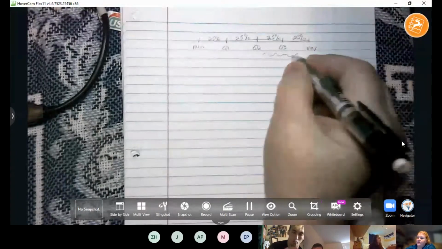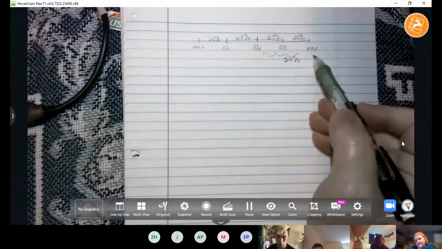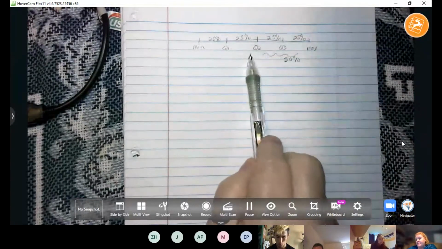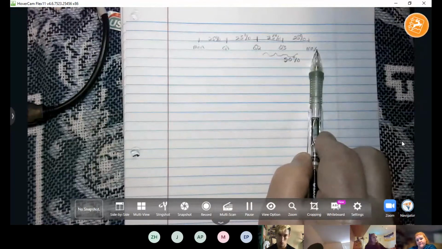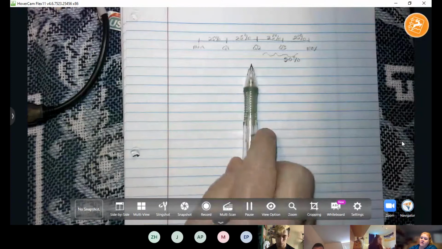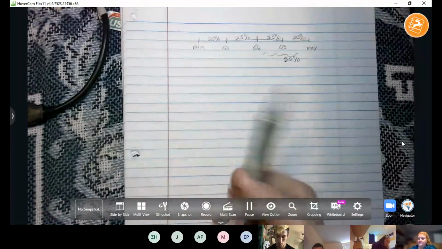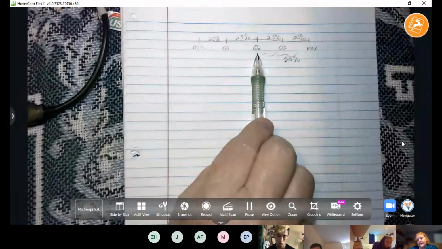Now that's important to know because sometimes you'll have questions talking about the percentage of your data. So we talk about the top 50% of your data. That's represented by the median or your second quartile. And you know that based on knowing where the median or the second quartile is, or the lower half of your data, which again is based on knowing where the second quartile or the median is.